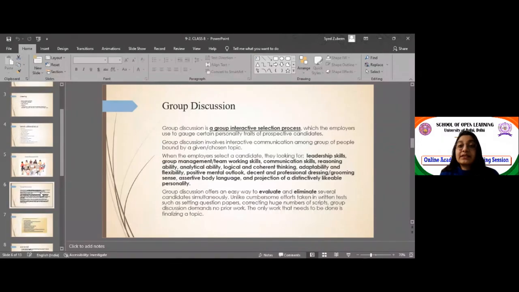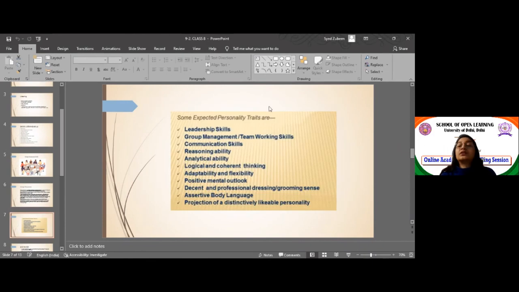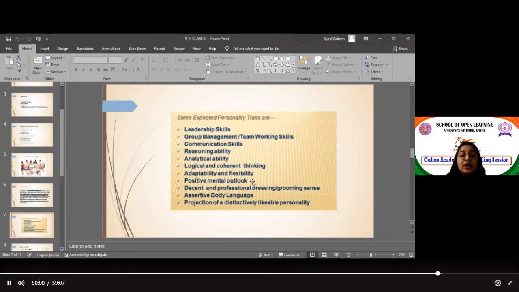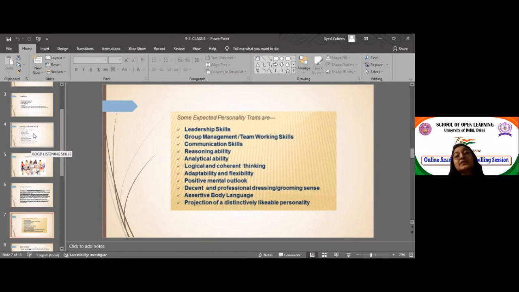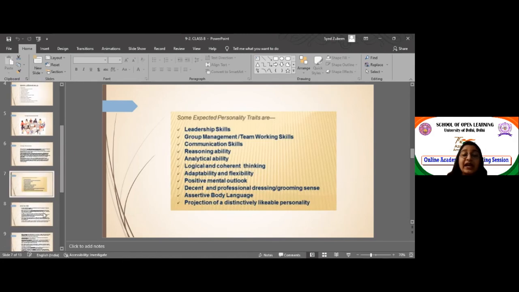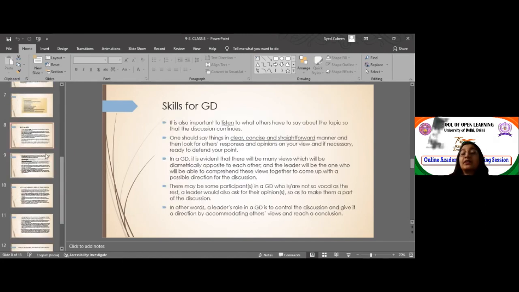It's a group interactive selection process where the candidates are evaluated based on these personality traits, which include leadership skills, team working skills, communication skills, reasoning, analytical abilities, logical coherent thinking, adaptability, mental outlook, assertive body language, and a likable personality. A group discussion allows for the selection, evaluation, and also elimination of candidates in a quick and effective fashion.